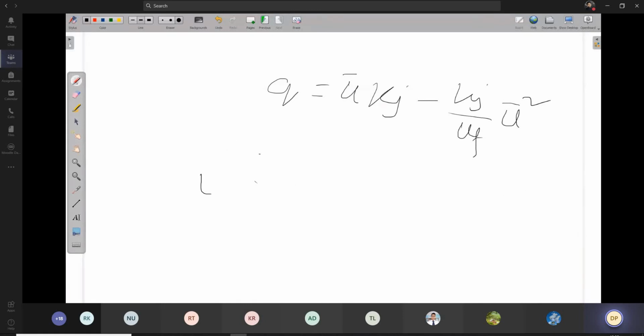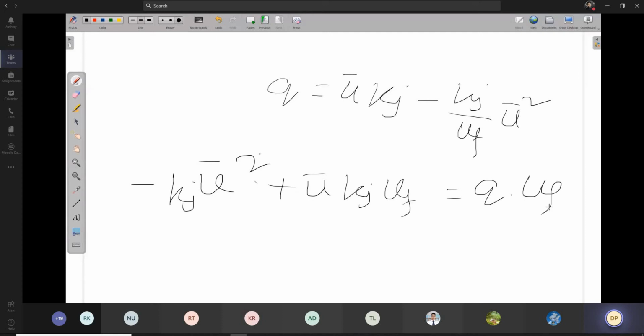I can write u bar square minus kj plus u bar kj uf, that is equal to q into uf.